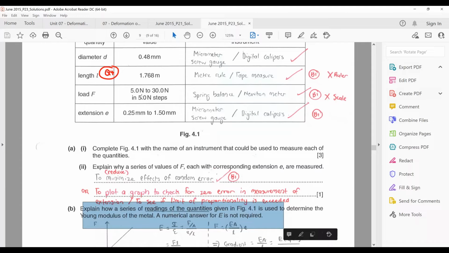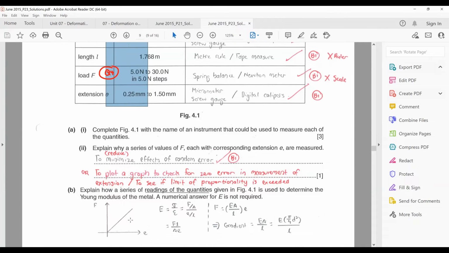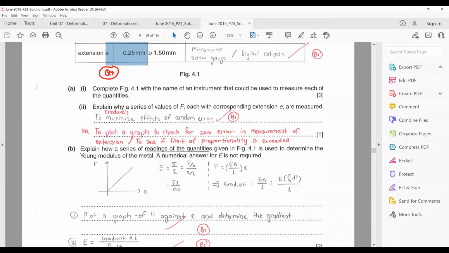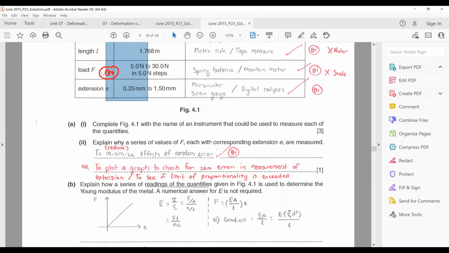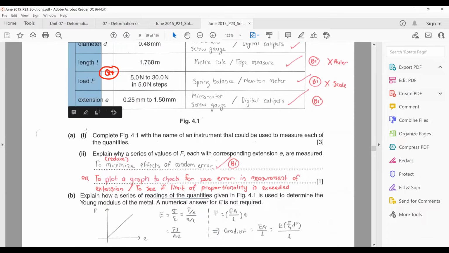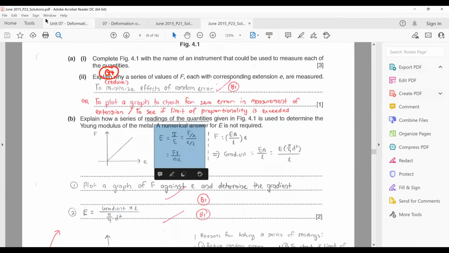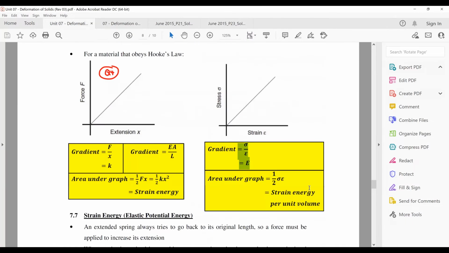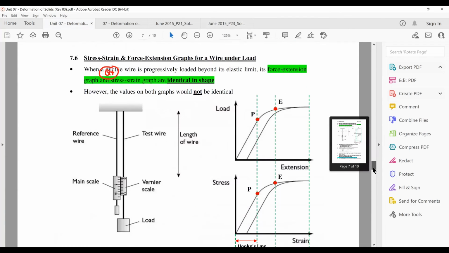Explain how a series of these readings that you have here can be used to determine Young's modulus of metal. A numerical answer for E is not required. Now this part here is actually referring to measurements that you take to determine E, which is in turn related to this equation. This experiment to determine E, we've learned it inside your notes already, under page 7.